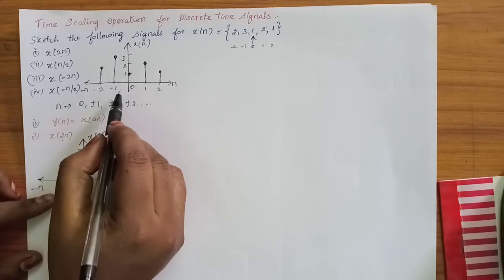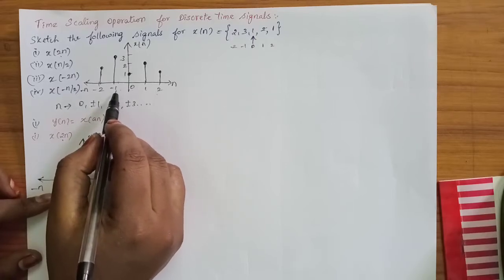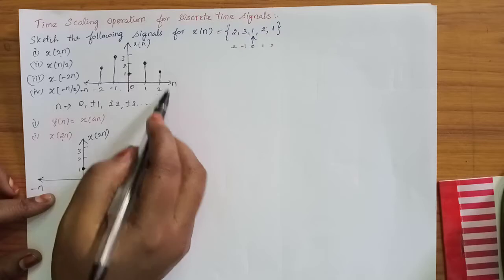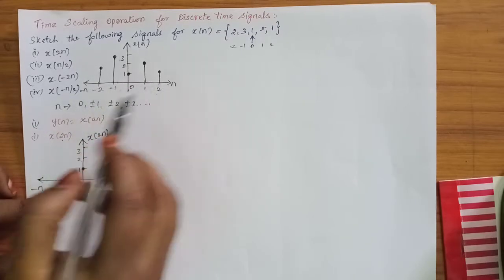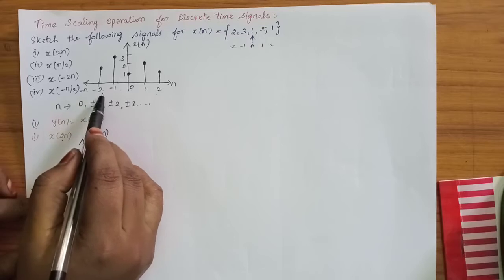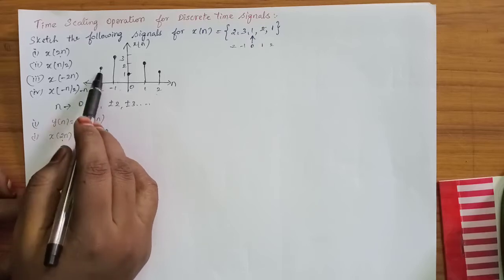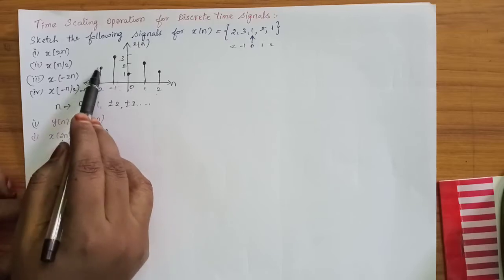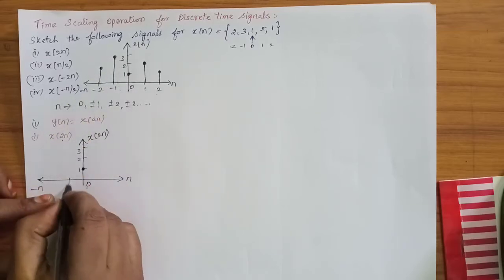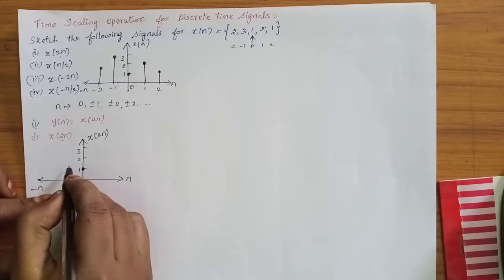Minus 1 by 2, minus 0.5, so we should not plot the signal for decimal values of n. We should discard the sample. And minus 2 by 2, minus 1, so this sample will move to minus 1 position. At minus 2 its value is 2, so this is moved to minus 1 position.